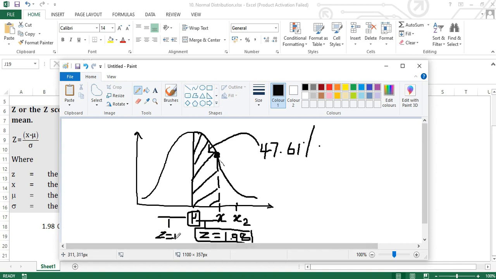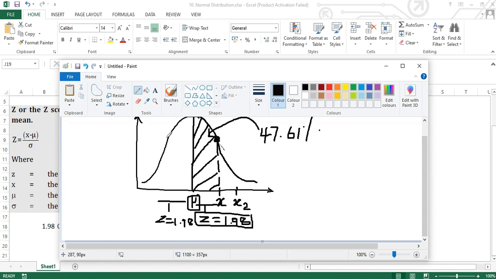So we'll say this side 1.98 of z. How do we mark it? I'm going to say this is the minus x part or something like that. Right?